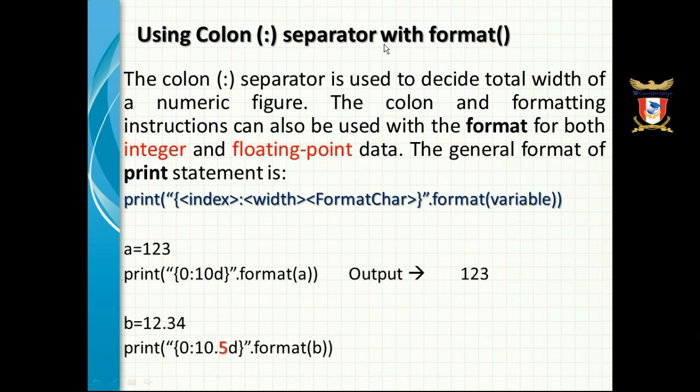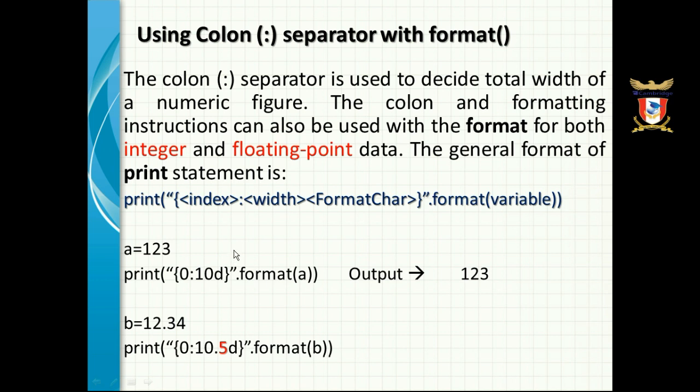Next we will discuss how to use the colon separator with the format function. The colon separator is used to decide the total width of a numeric figure. The colon and the formatting instruction can be used with format for both integer and floating point. That means we can specify the width of a numeric figure in digits with this optional parameter, and the format character, which is D for integer and F for floating point data.